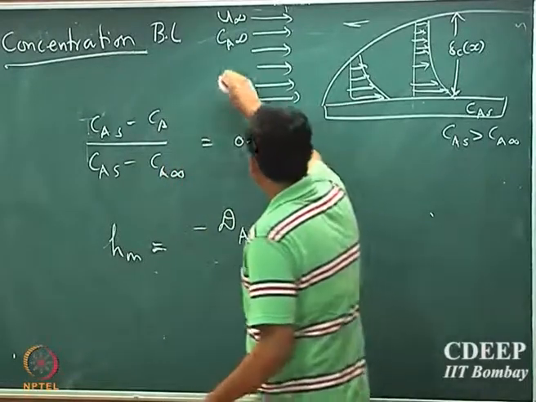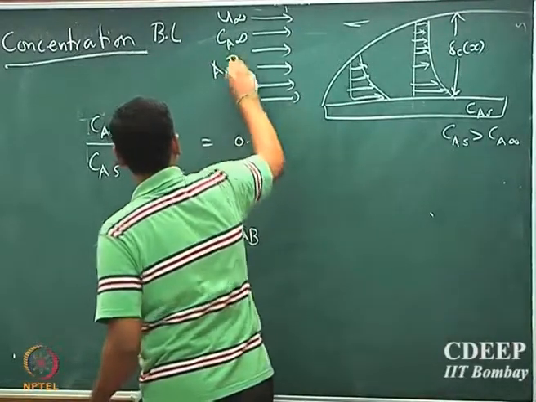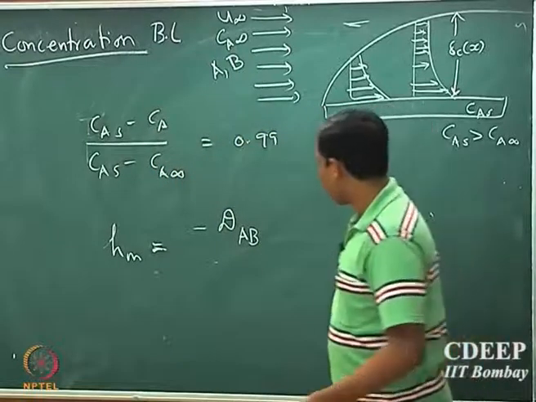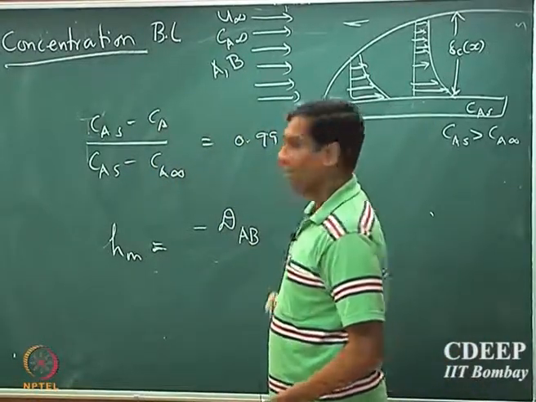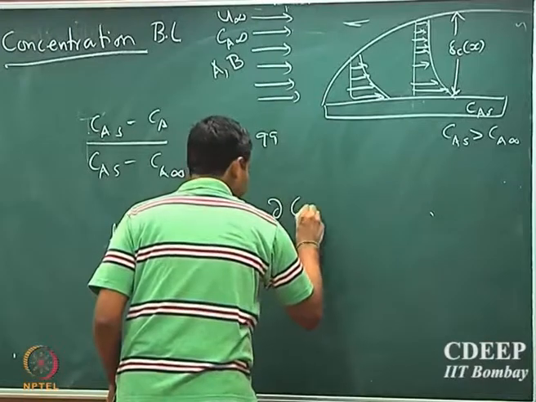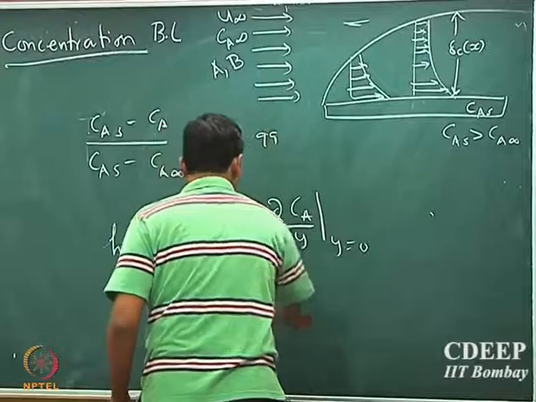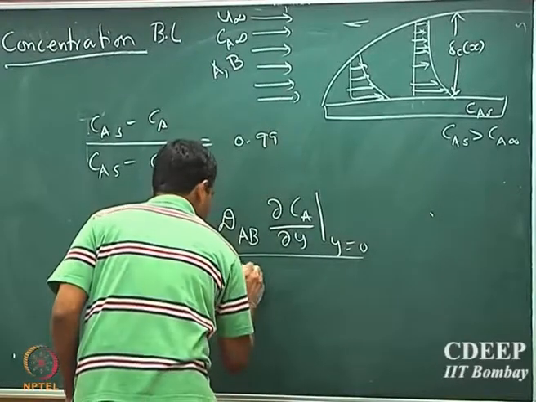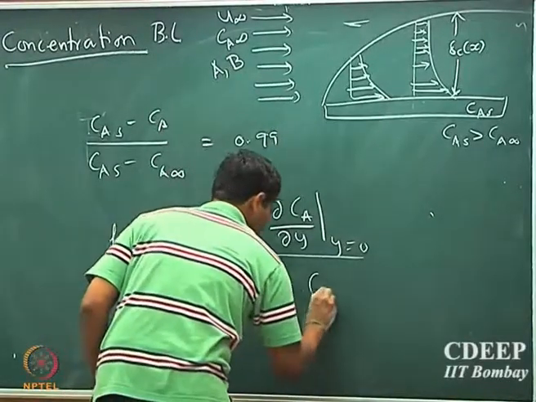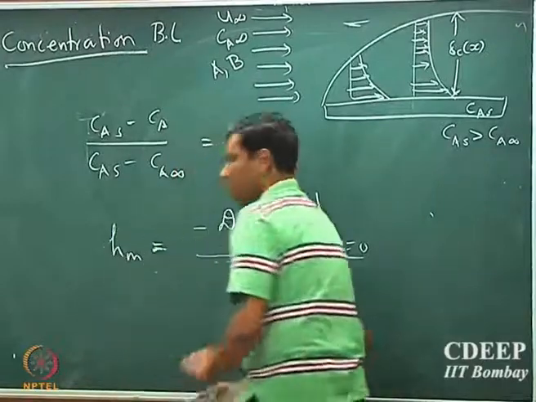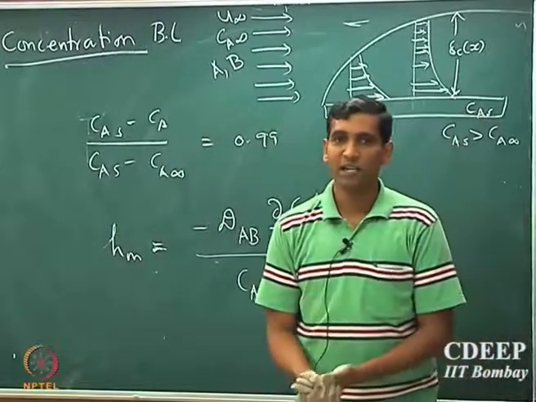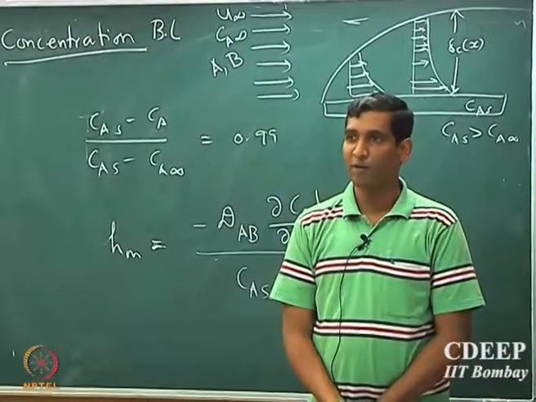So I said there are two species that are going and one of the species can be in excess. So it will be the equimolar counter diffusivity of AB multiplied by dCA/dy at y equal to 0, divided by CAs minus CA infinity. Okay. So that's the definition for mass transport coefficient.